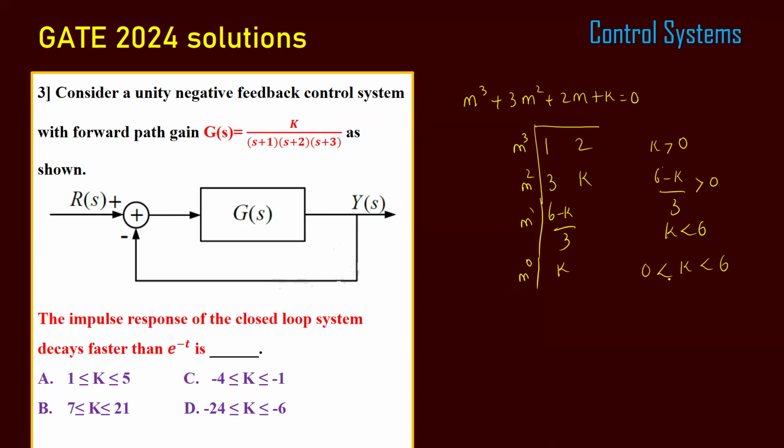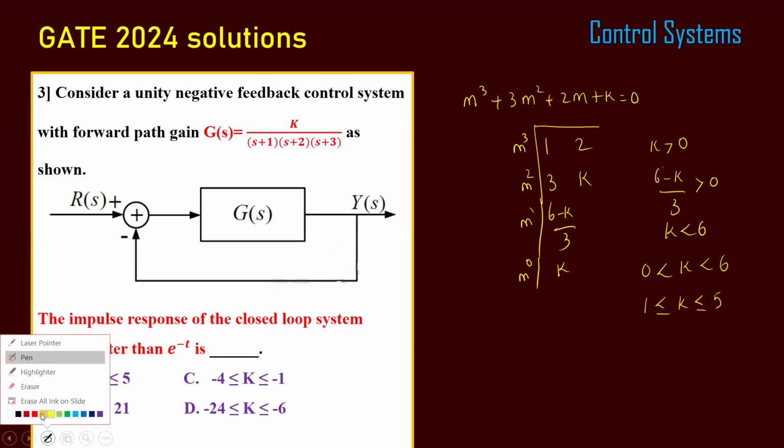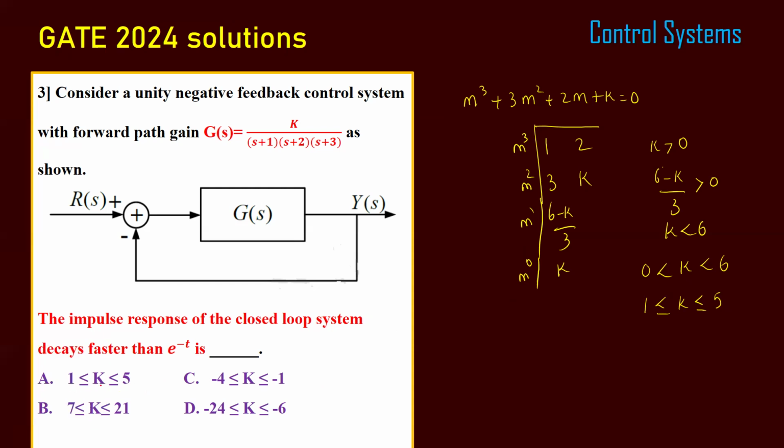So it may be from 1 up to 5. Now see the options. The first option is k between 1 and 5.